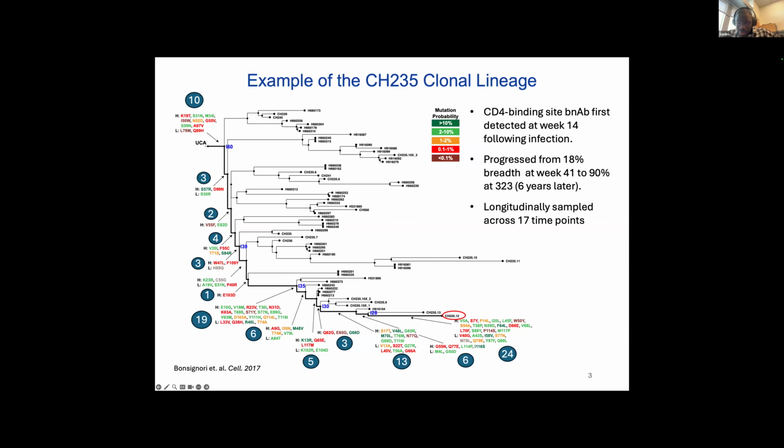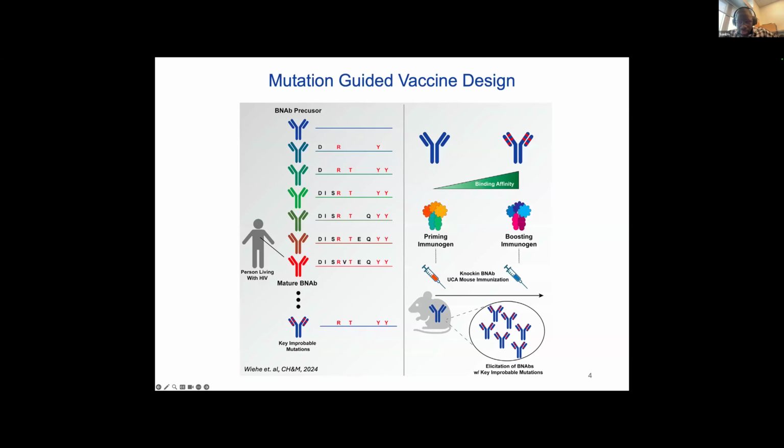Mutations acquired at each stage are listed on the side, with H indicating the heavy chain mutations and L indicating the light chain mutations. The color scale represents the probability of acquiring any of those mutations, while the number in the circles represents the total number of mutations acquired at each of these stages.